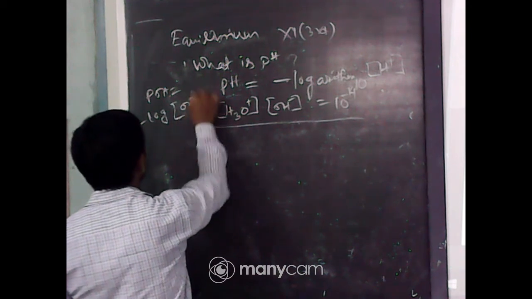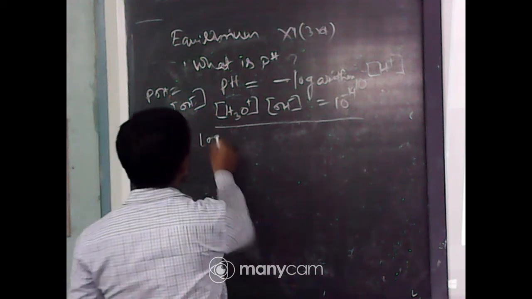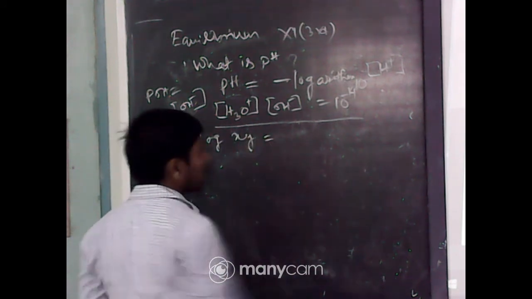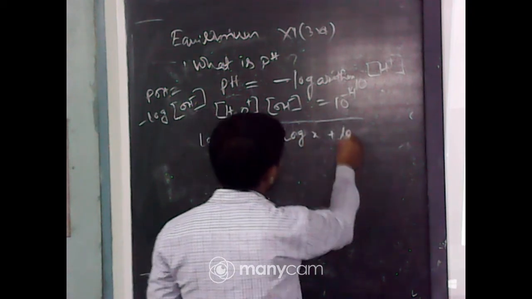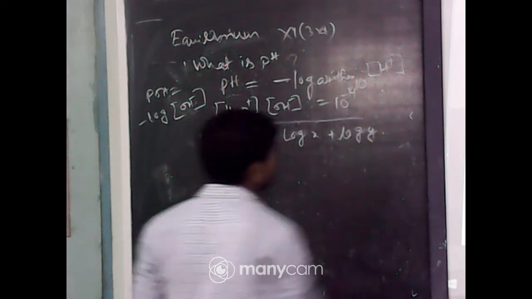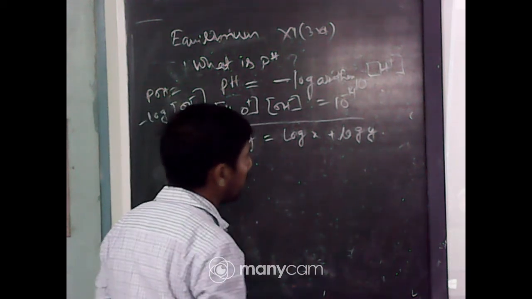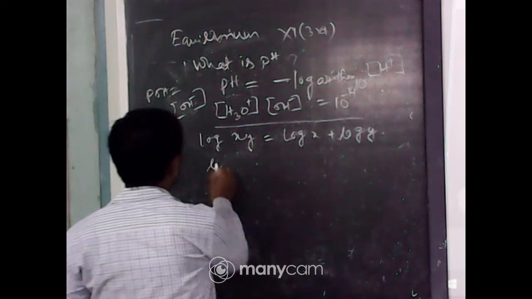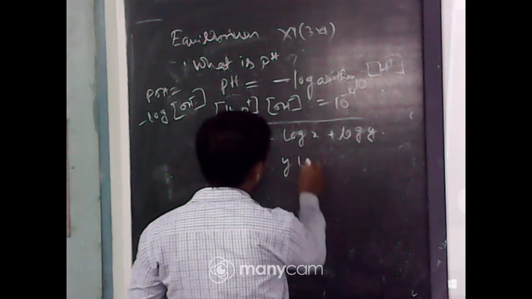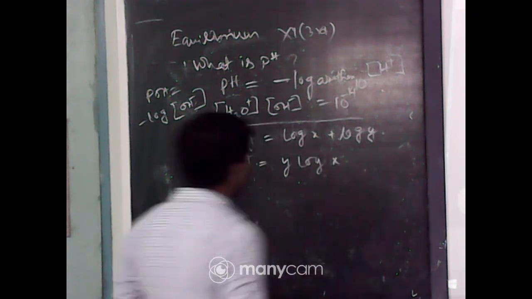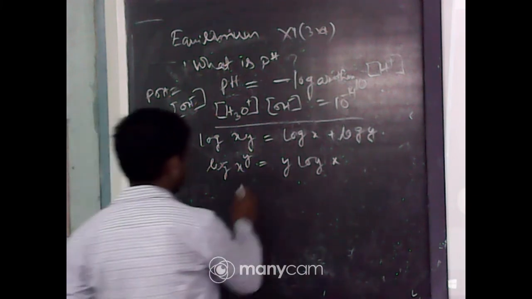In the same way, pOH is equal to minus logarithm of concentration of OH minus. Now, the rule is: log xy is equal to log x plus log y. Clear? Next, log x to the power y is equal to y log x.